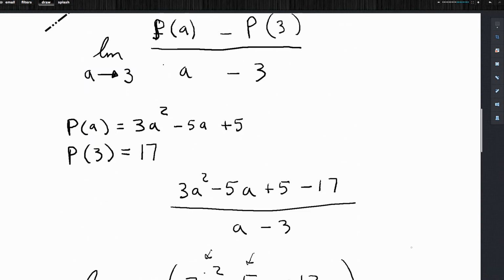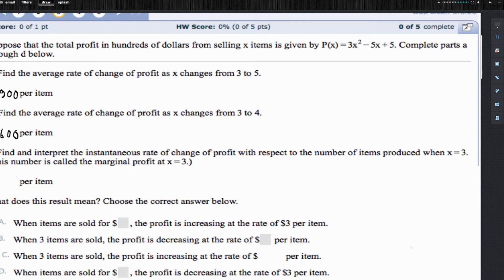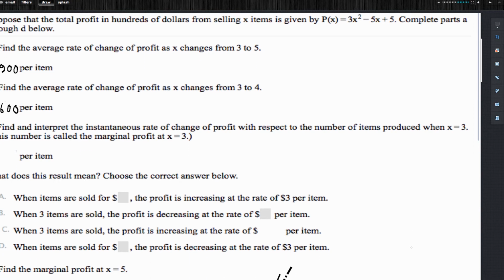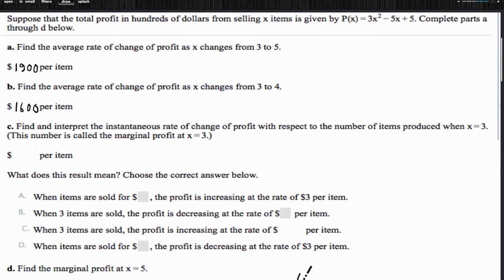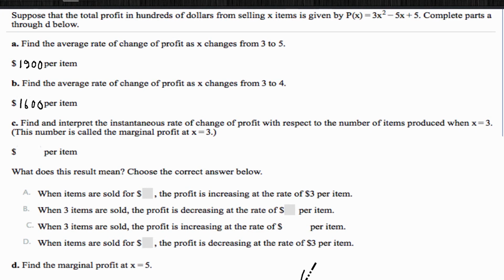All right, let's see what that means. Now let's interpret that per our question. The question is, find and interpret the instantaneous rate of change of profit with respect to the number x of items produced when x equals 3. So the answer is it's $1,300 per item, and I guess my interpretation would be that if the production rate were constant at this time, in other words, if it didn't change, right?